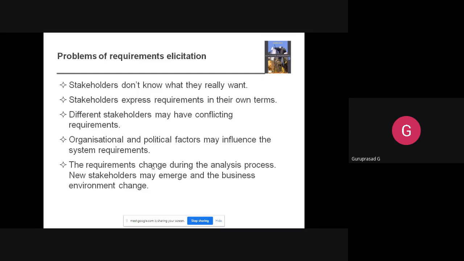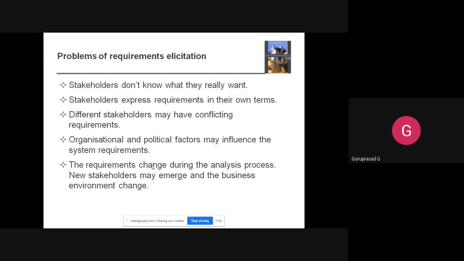Please remember, it is an important question. Why is the process of eliciting and understanding requirements difficult? Because different stakeholders will have conflicting requirements, since each one expresses the requirements in their own terms, and some stakeholders may not know what they actually want.